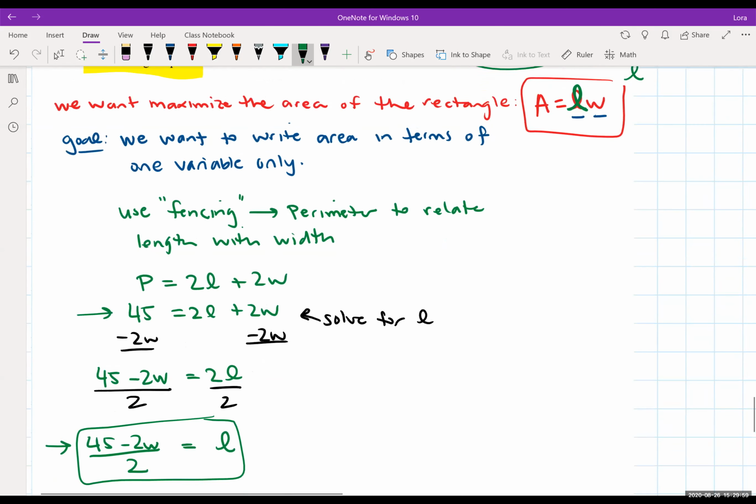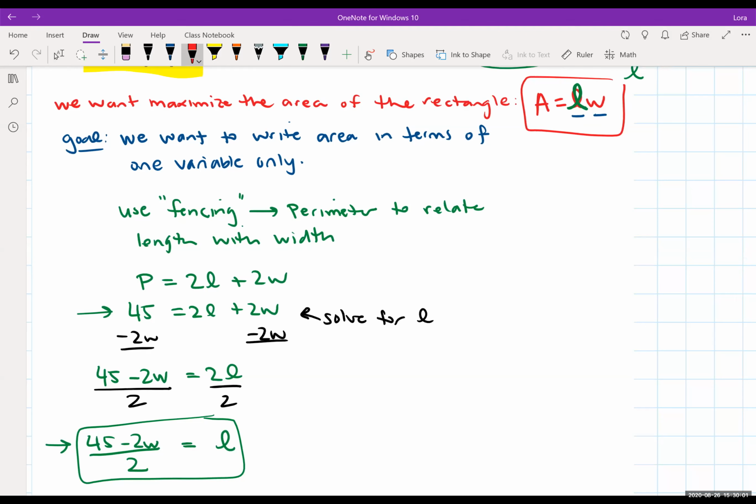So in our case, the area now is length times width. The length's a little more complicated. Don't let this throw you off. We'll deal with it in a second. So 45 minus 2W over 2, and that's still multiplied by a W. So now we have area in terms of one variable only. It's the width. Check. We got it.